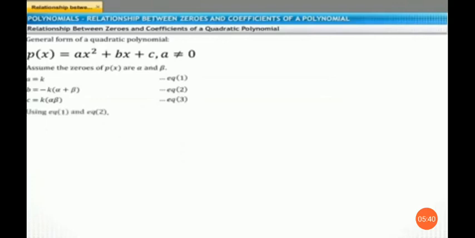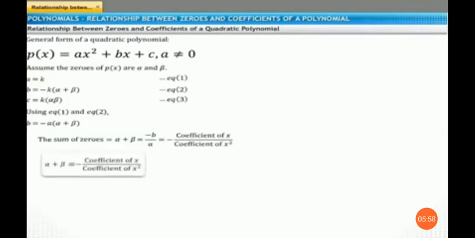Now from equation 1 and equation 2 we can write b is equal to minus a times alpha plus beta, and hence alpha plus beta is equal to minus b by a, which is equal to minus coefficient of x by coefficient of x square.